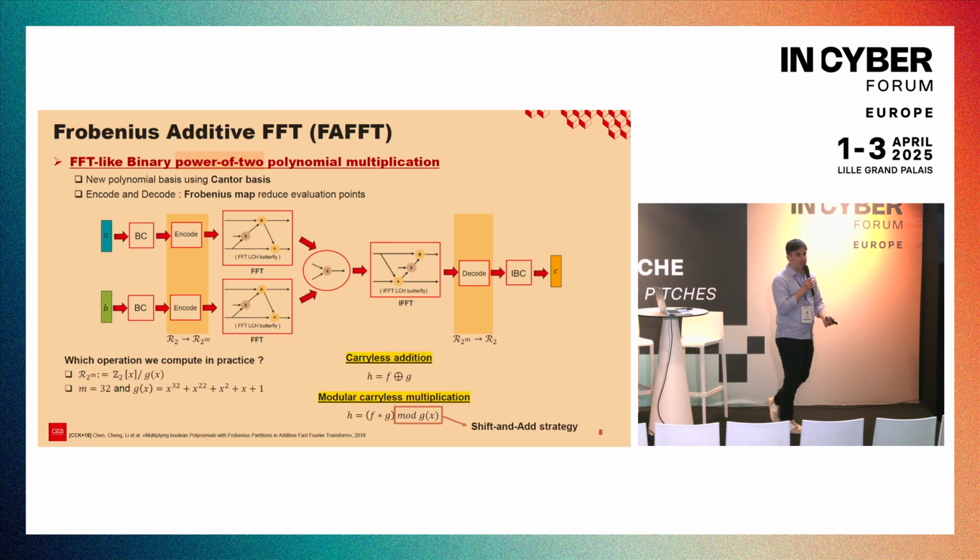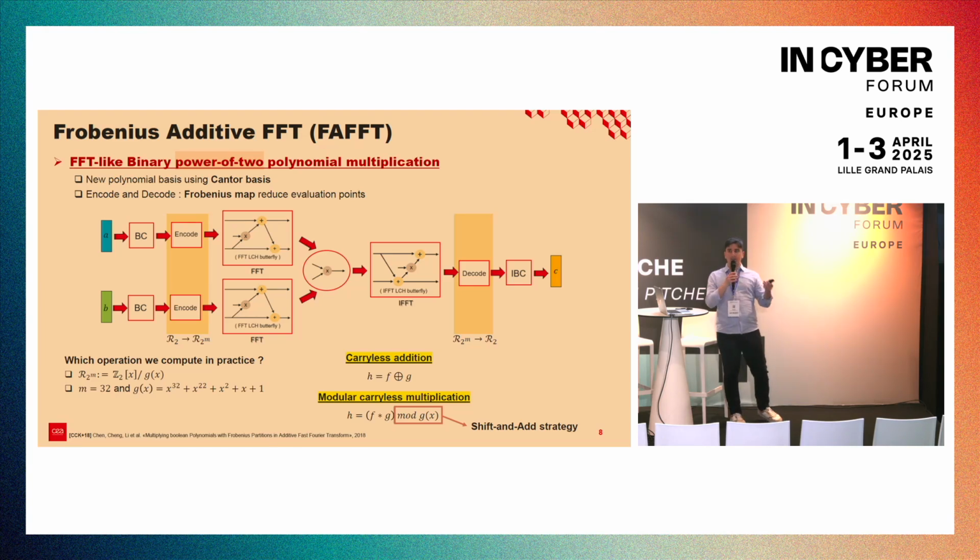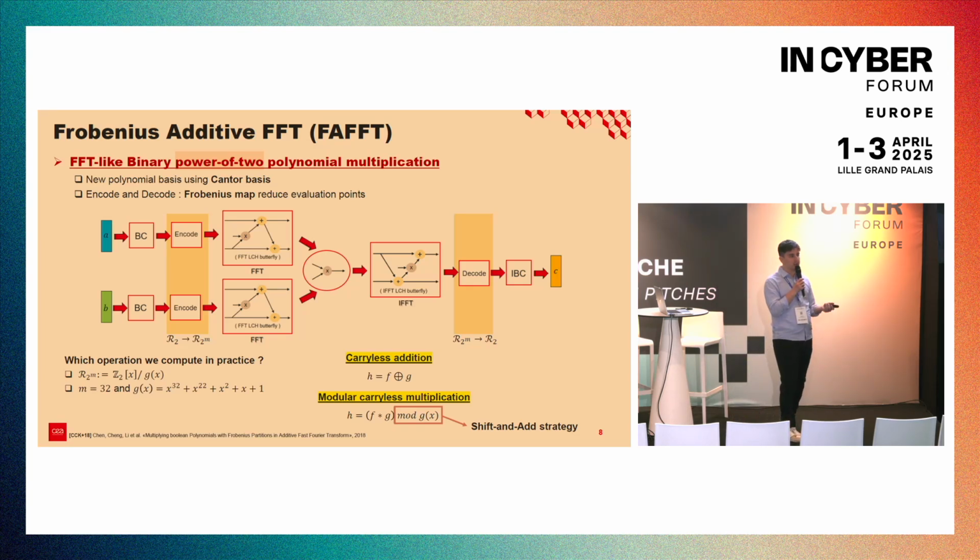If we look into the details inside this butterfly structure, we have totally different arithmetic operations, which in this case rely on the carryless addition and on the modular carryless multiplication. What I wanted to highlight is that these operations are totally different from the ones that we can see in the NTT.